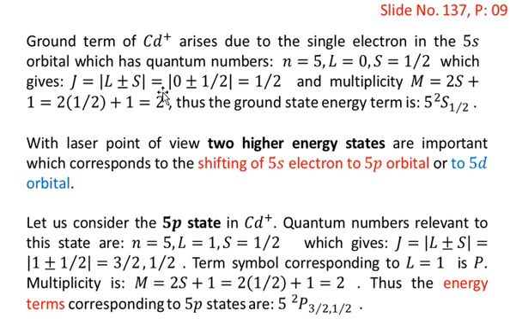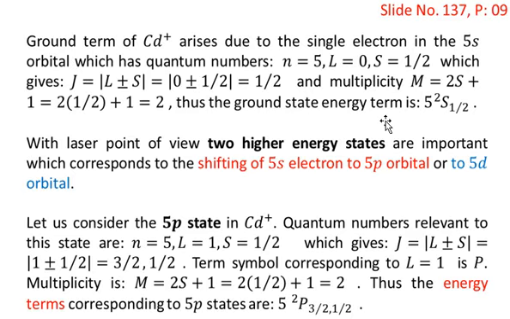Multiplicity says that this should be a doublet, that is, two possibilities of the orientation of the spin and two values of the total angular momentum of the atom. We should have two values according to the multiplicity, but since for L equal to 0 this is violated, we have only a single term. So not a doublet, but a single term will be present.